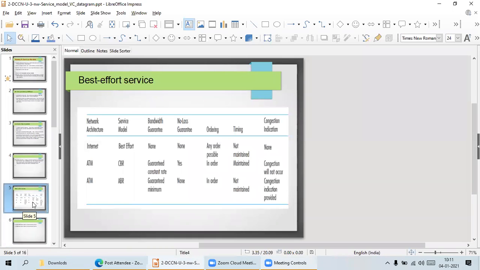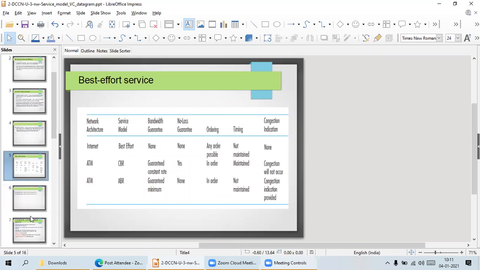We discussed the best effort service model, constant bit rate, and available bit rate, which moves according to the available rate. These are the service models of your network layer.